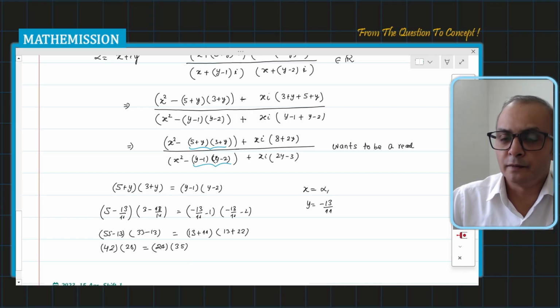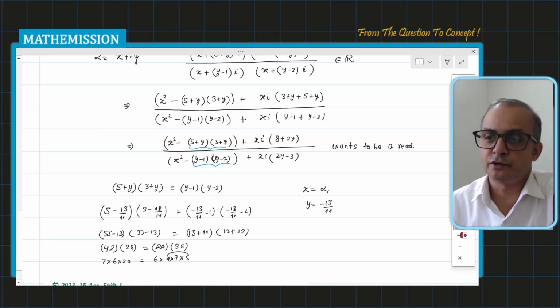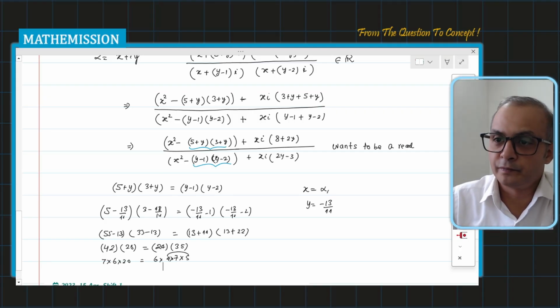You notice they are equal because this is going to be 7 into 6 into 20, and this is 7 into 5, and this is 6 into 4. So 4 into 5 is 20. So in this way we can see that they are equal, and so y equal to minus 13 by 11 will work.